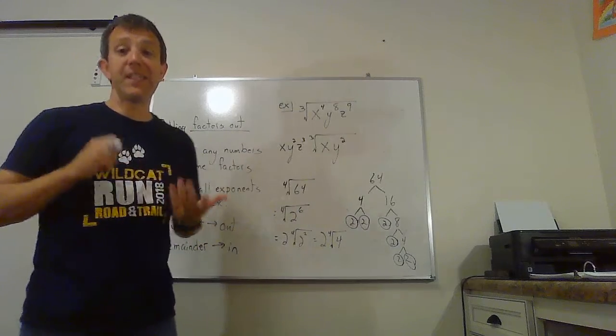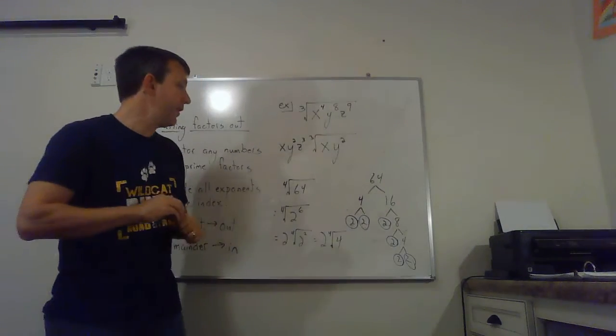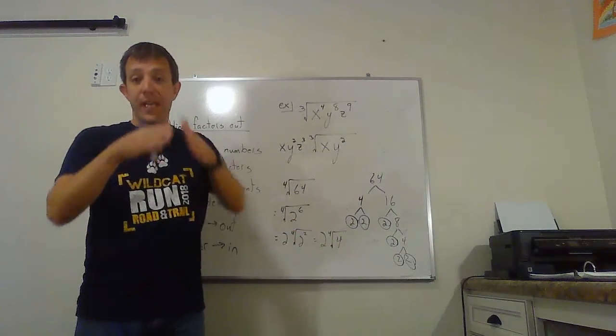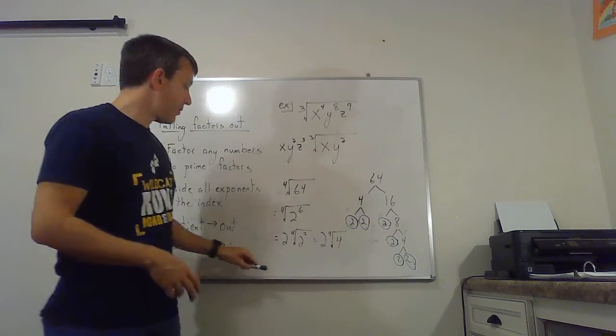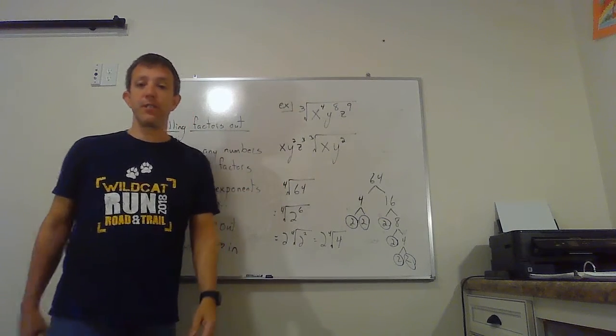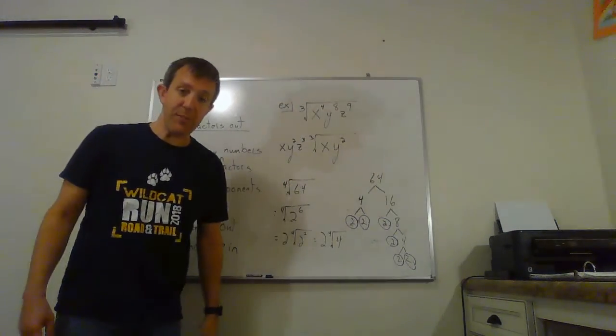Remember, I don't need anything that got split up. So even though there's a 4 and a 16 on this, I don't need those because they got split up further. So I'm just using the 2's. I have 6 of them. So my 4th root of 64 turns into the 4th root of 2 to the 6th power.